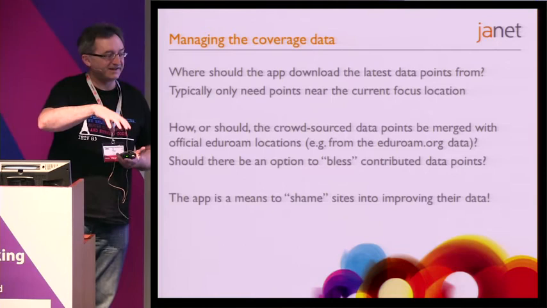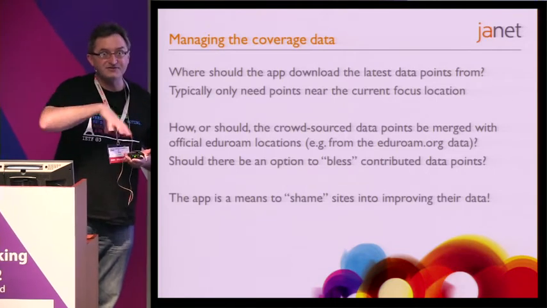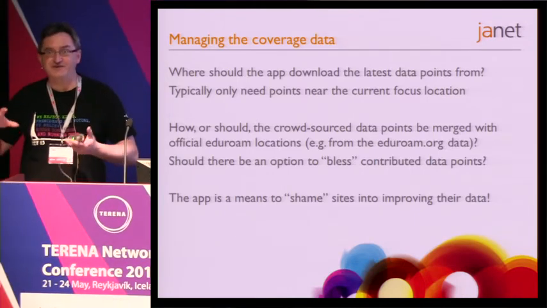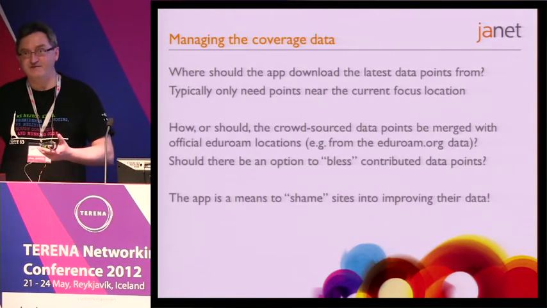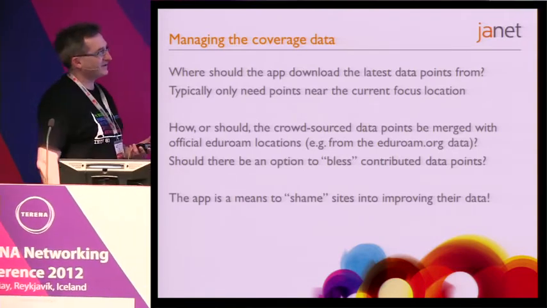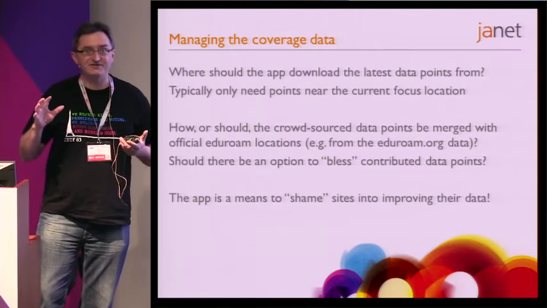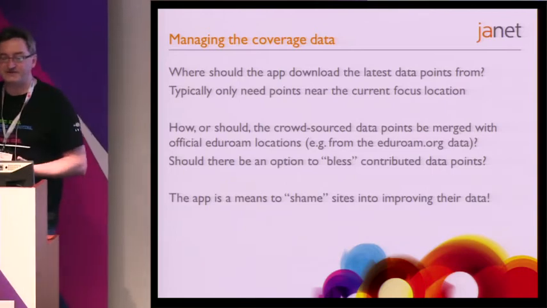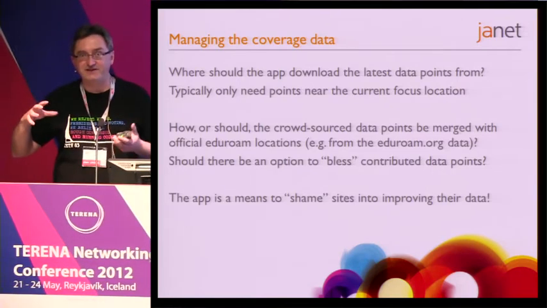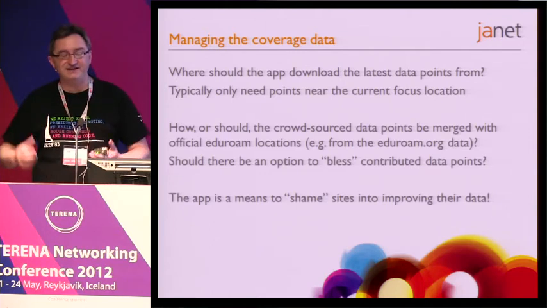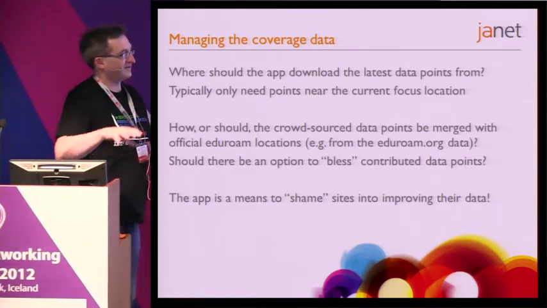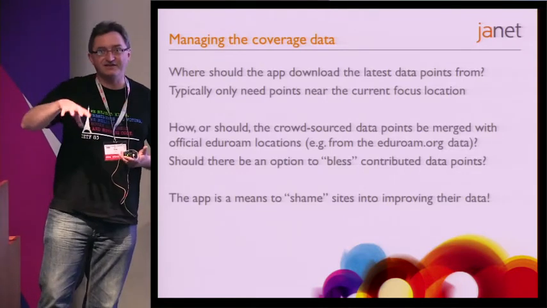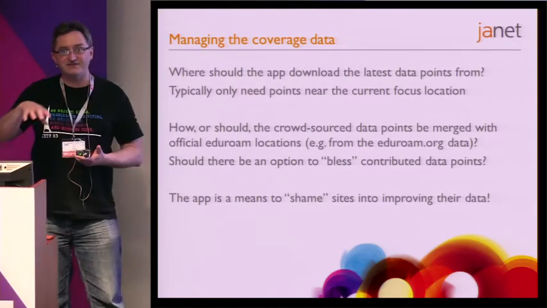But the question then is, when I download that data, there's all these user-contributed points that we've gathered from the app, but there's also these official locations of eduroam from the file on the eduroam site, the KML file. How do we actually merge these two sources of data? At the moment, the app can display both, but we probably want to be in a situation where what we're doing by having this app is almost shaming the owners of the eduroam sites around the UK, Europe, and the rest of the world to actually improve the information that they provide about their eduroam service that they've installed.